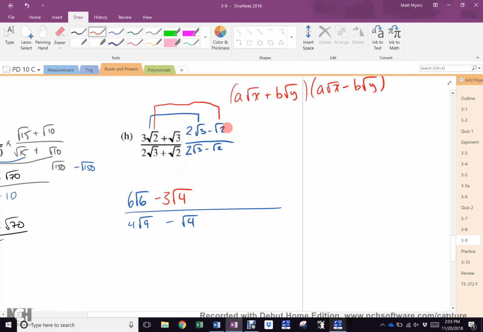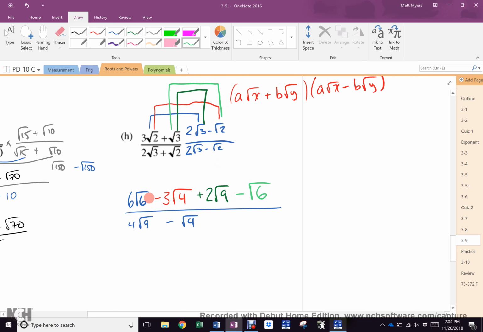We're not going to do any simplifying in our heads. What is that one? 2 root 9. And what is that one? Negative root 6.